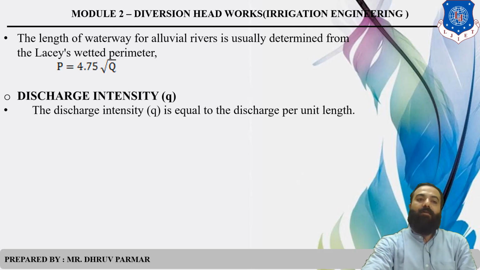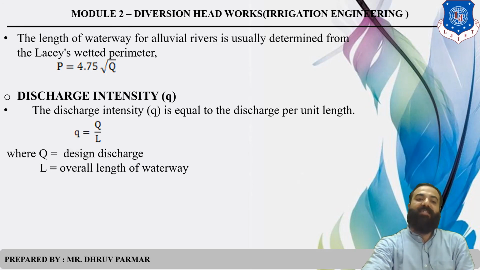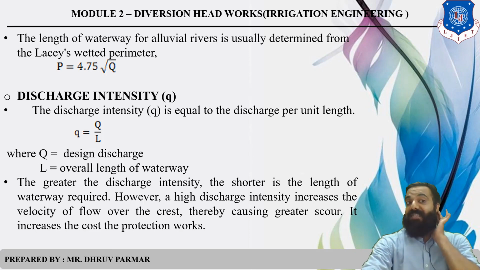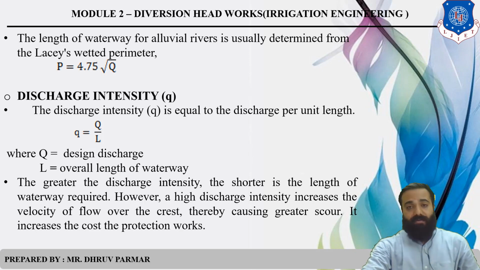Then design discharge intensity. The definition is discharge per unit length, meaning Q divided by L. When the discharge intensity is higher, the length of the waterway is shorter, and vice versa. Please remember that point.